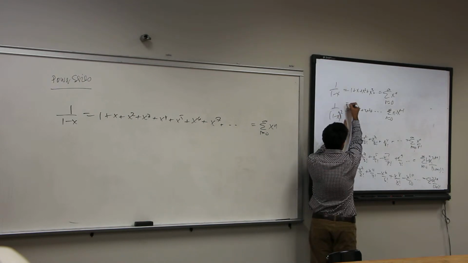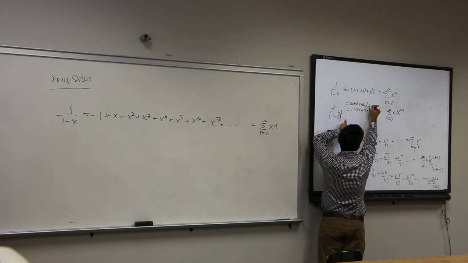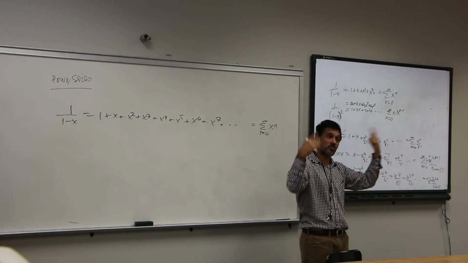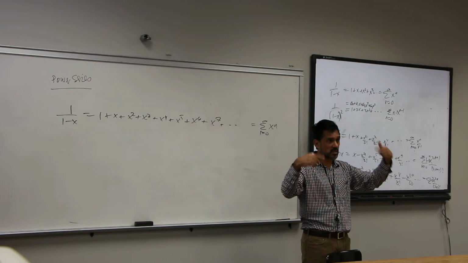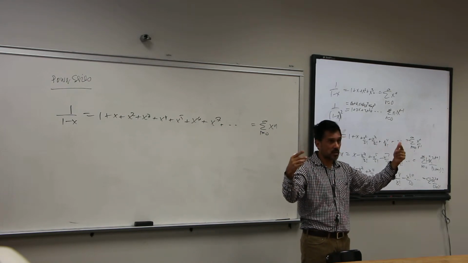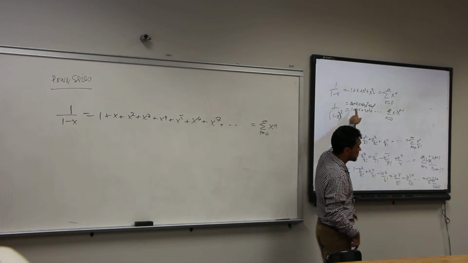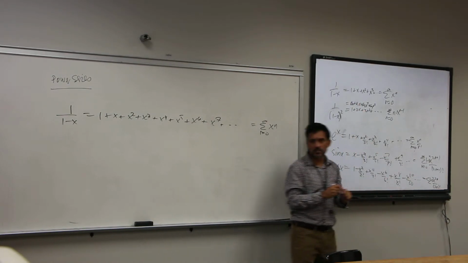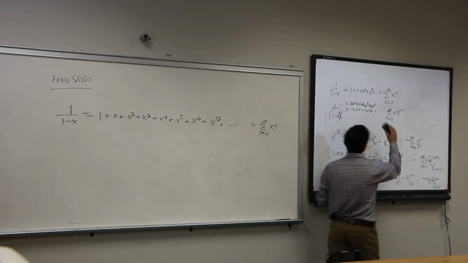You had to do this: plug in 0, differentiate, get A1. Differentiate again, plug in 0, get A2. Plug in 0, differentiate, get A3. You all remember it. Take a look at your notes from last time. That's the hard way to do it.